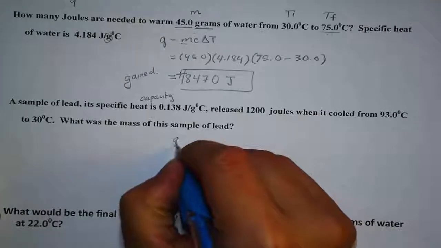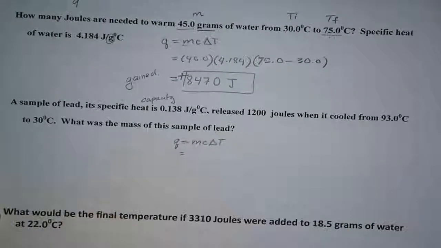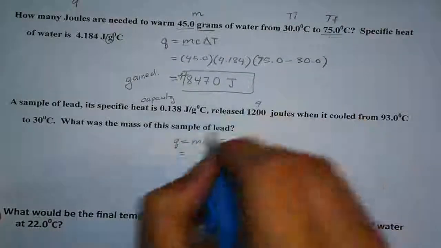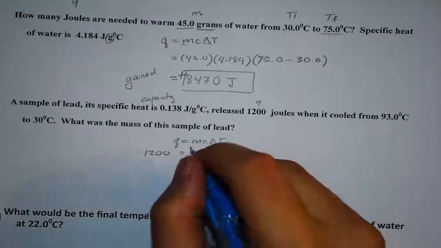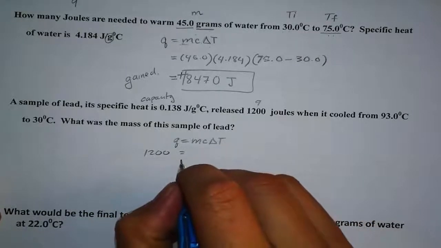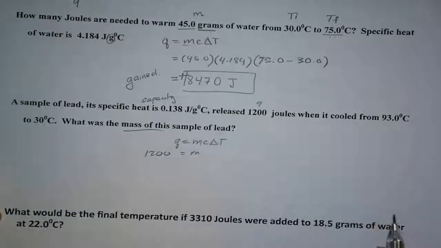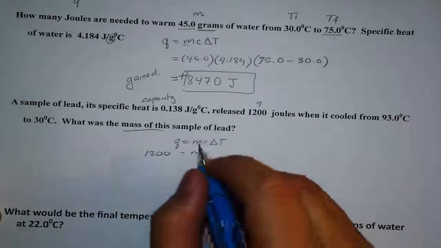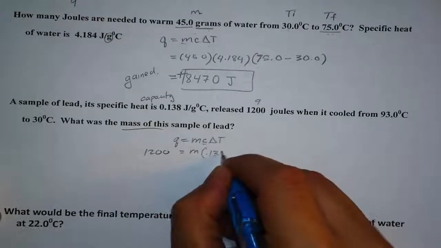So again, Q equals MCAT. Okay, and we know Q in this case is right there, which is 1200. Then do we know our m? Our m in this case is what? We don't know. We are looking for the mass, so m right there. And we know the specific heat is right there, which is 0.138.